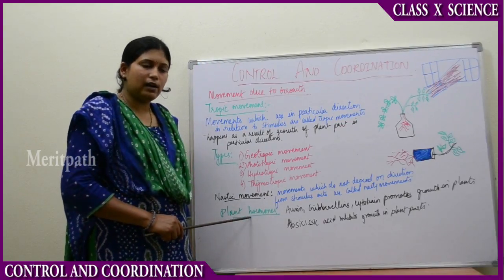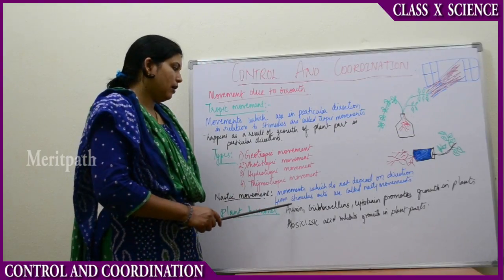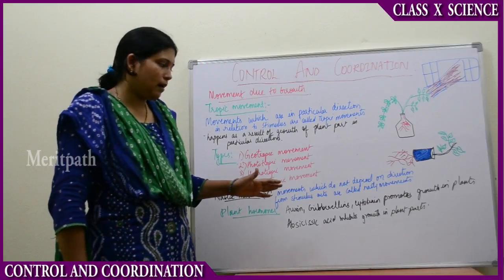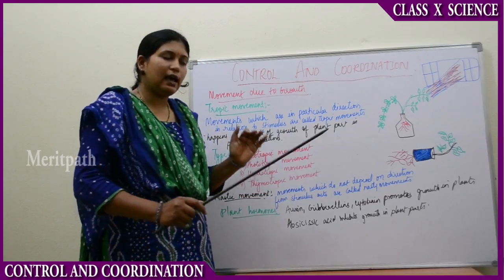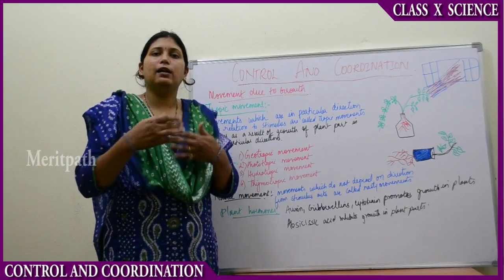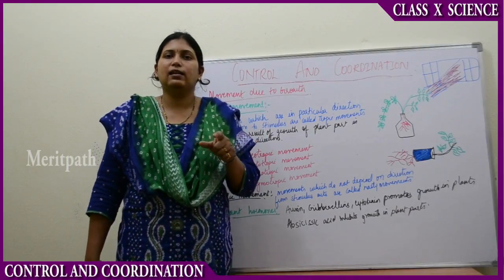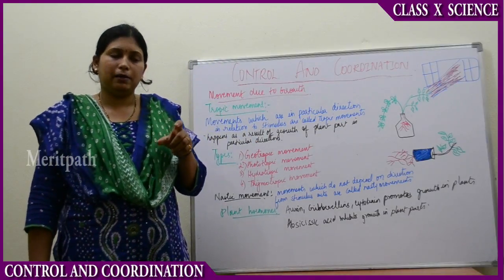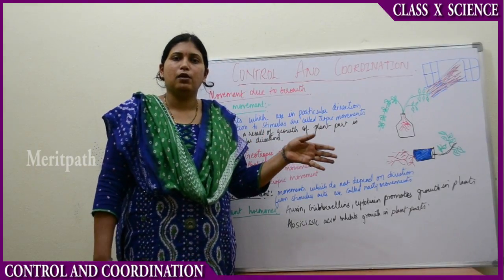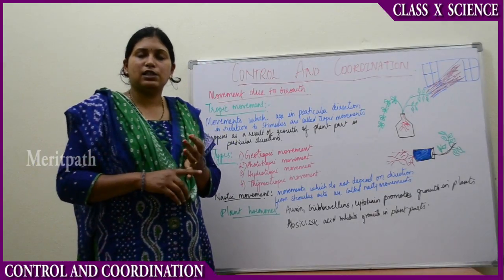Next we have something called nastic movement. Movements which do not depend on the direction from which the stimulus acts are known as nastic movements. Nastic movements are seen in the mimosa plant family. Touch-me-not plants are examples of the mimosa group, but all plants which come under the family mimosa are sensitive to touch.